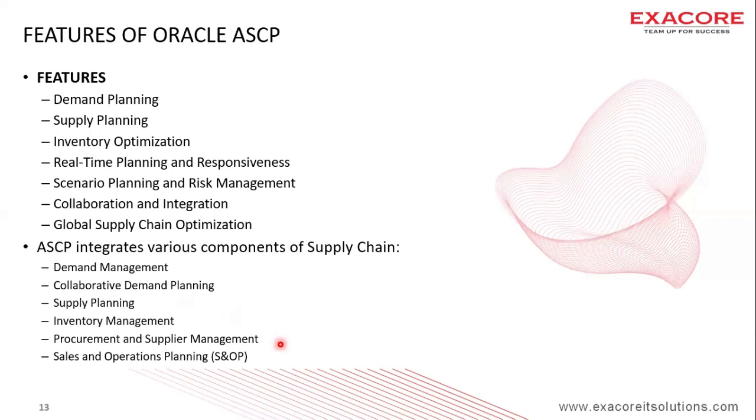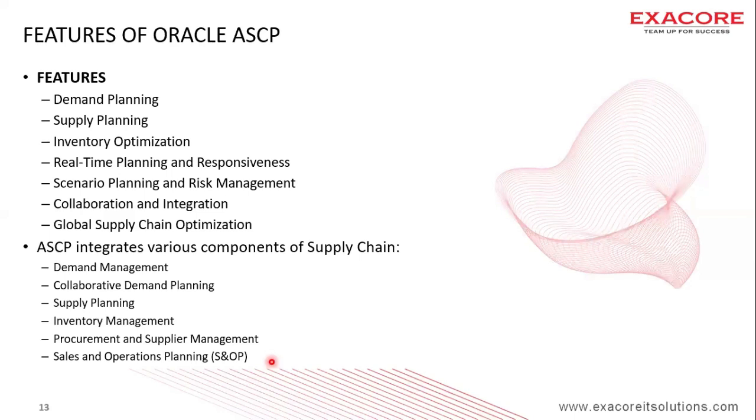ASCP will look into the quality of the materials supplied by the supplier, and also the on-time delivery, because if the quality and on-time delivery of materials from a supplier is not good, then it is a risk. ASCP will analyze that risk and can give us alternative supplies or alternative solutions to adjust the supply for a particular demand.